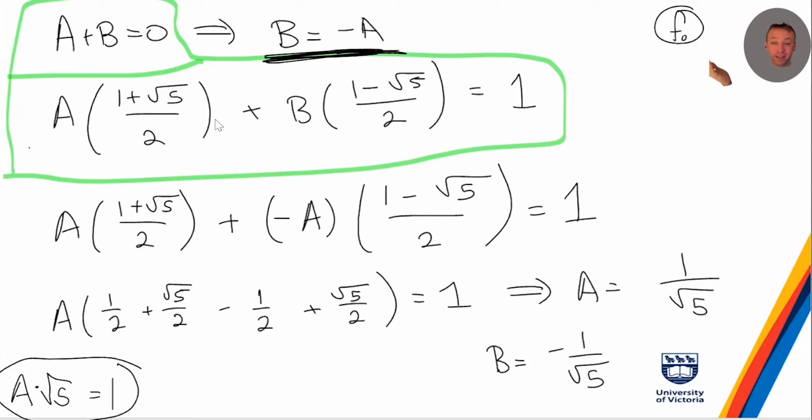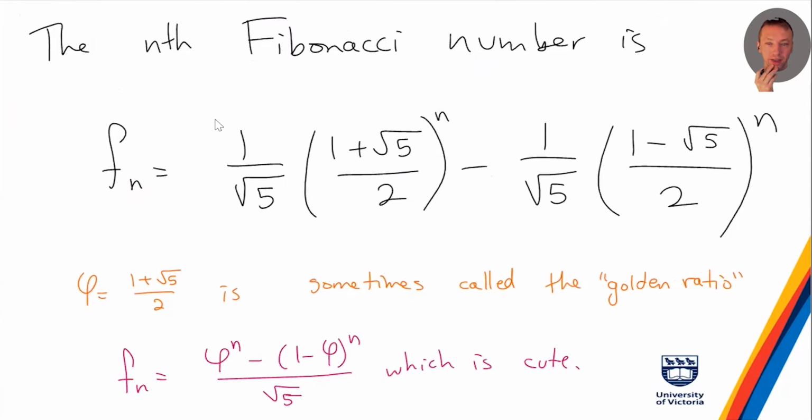So this gives us a solution to the Fibonacci numbers. So the nth Fibonacci number, believe it or not, is equal to 1 over root 5 times 1 plus root 5 over 2 to the n, minus 1 over root 5 times 1 minus root 5 over 2 to the n. Does this seem bizarre to anyone else? Because the Fibonacci numbers are integers, right?